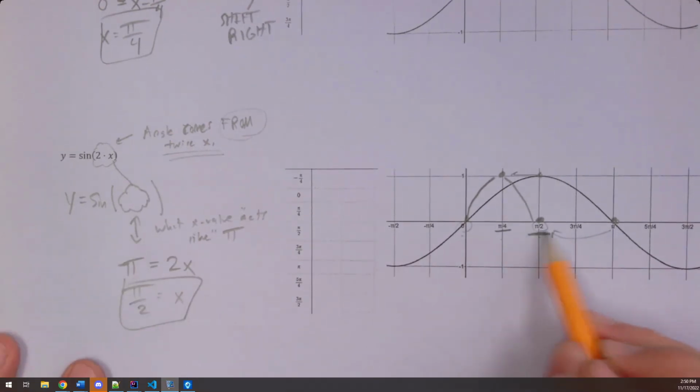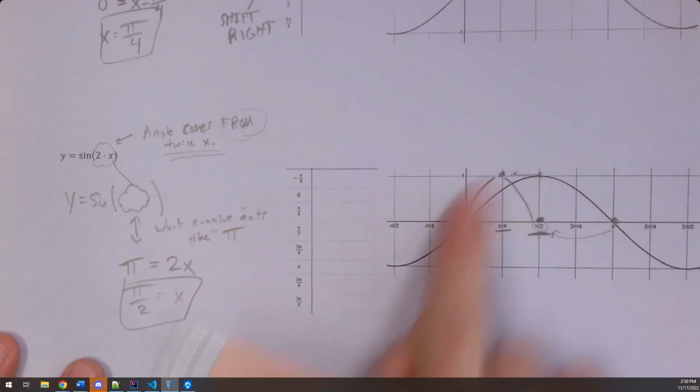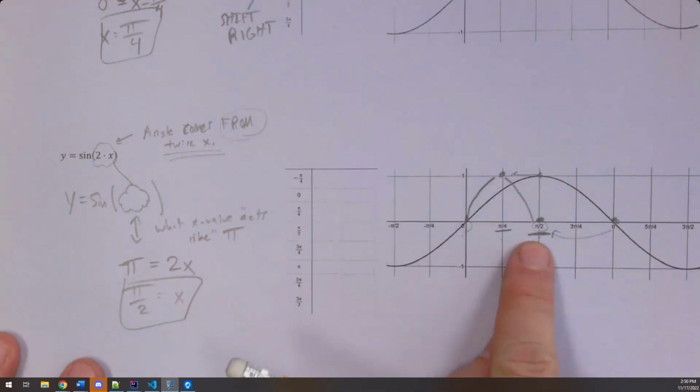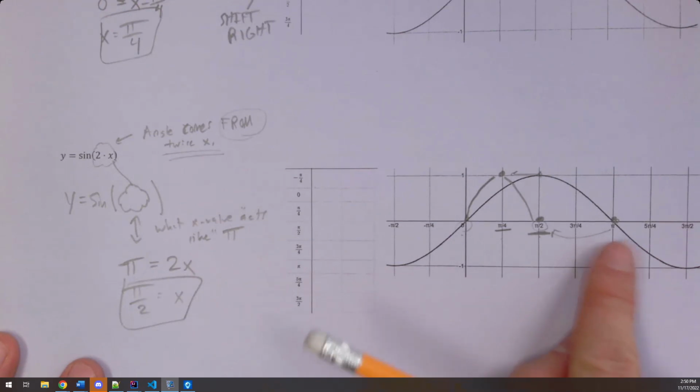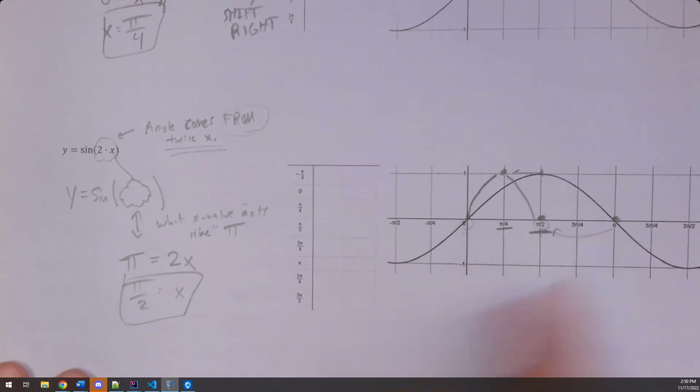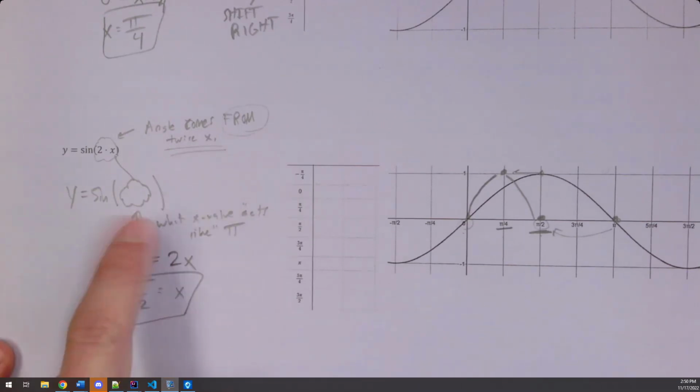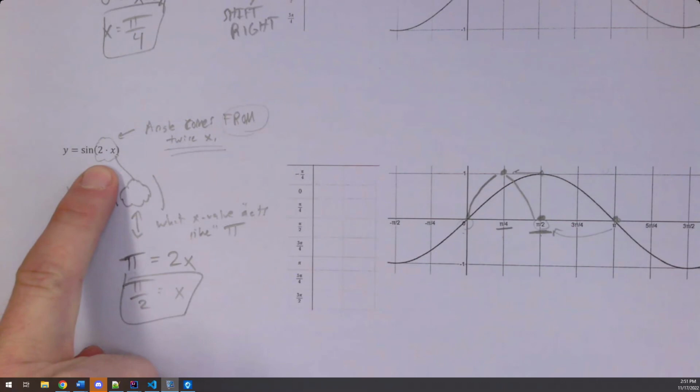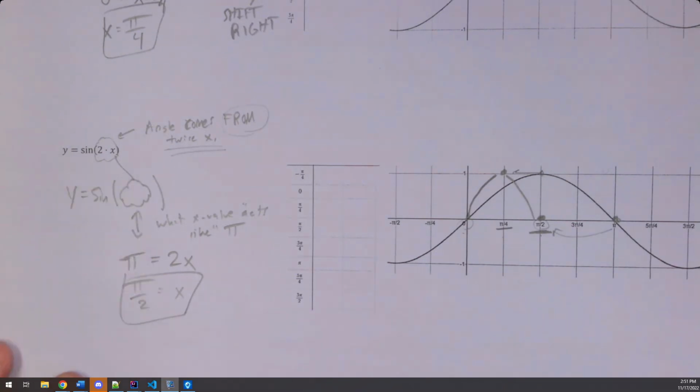The point at pi over 2 is halfway through a full wave, and that's acting like the old value of pi, which was halfway through a full wave. So the two ways to think about it are: what input will act like the original value for your curve, or think about where your angles are coming from, and that's what explains why it's reversed.